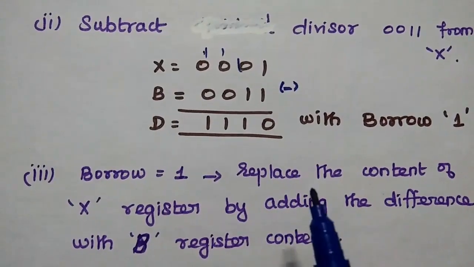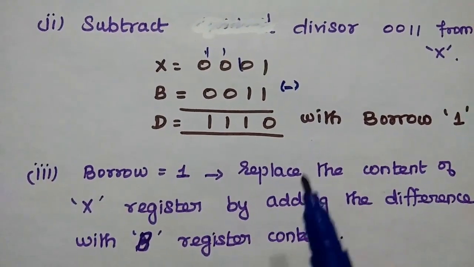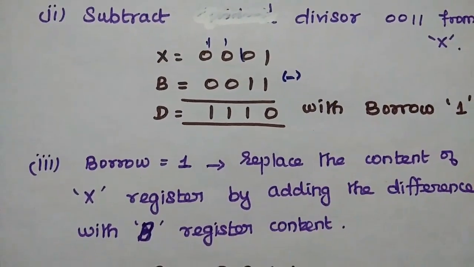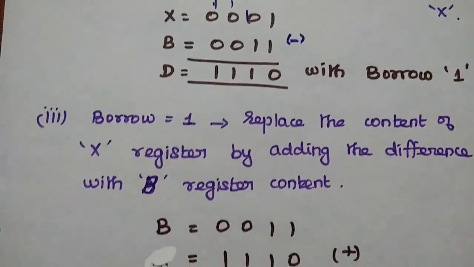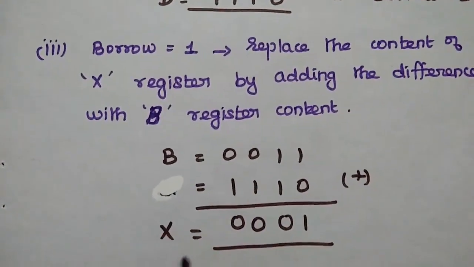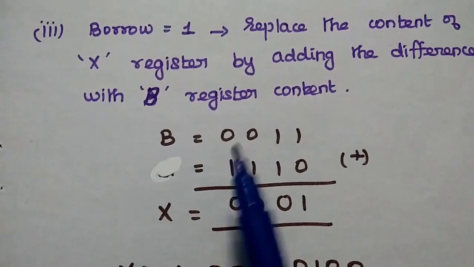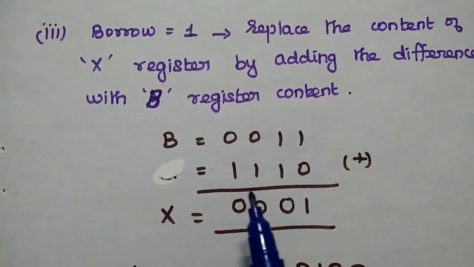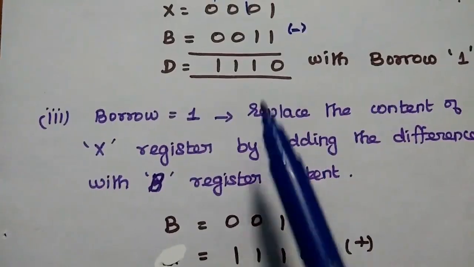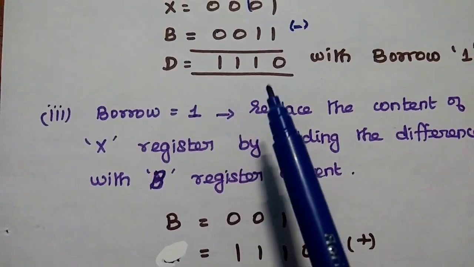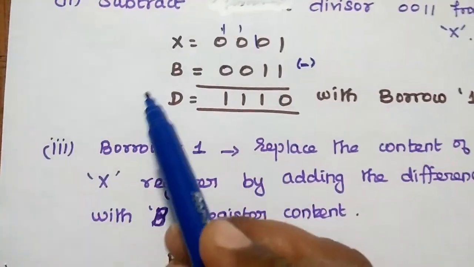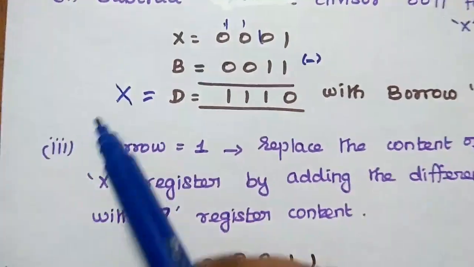If borrow is 1, replace the content of X register by adding the difference with the B register. This is for restoring the X register value. So we are going to add the B register with this difference. What is the difference here? 1110. This difference is stored again in this X register itself.